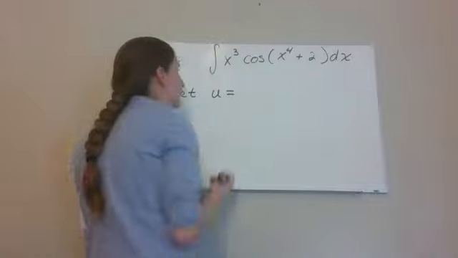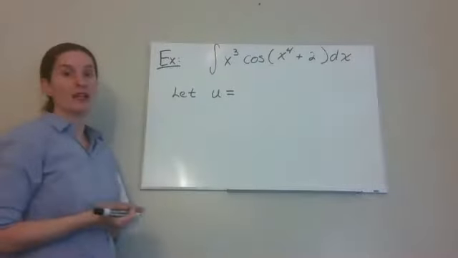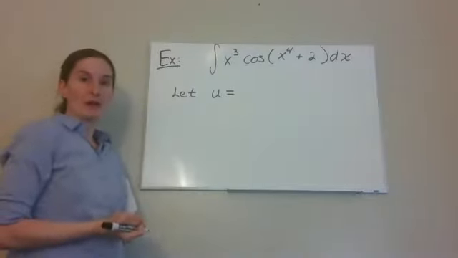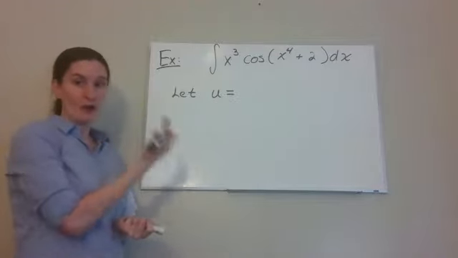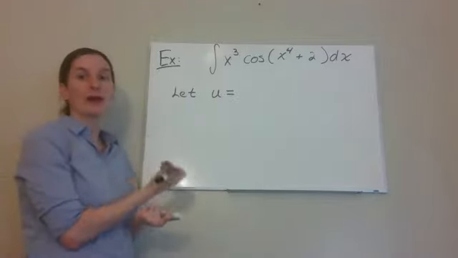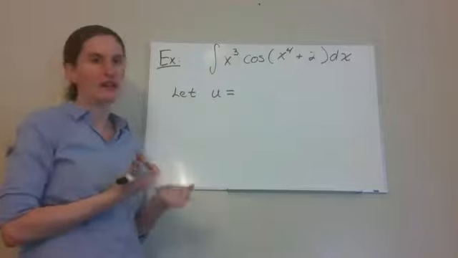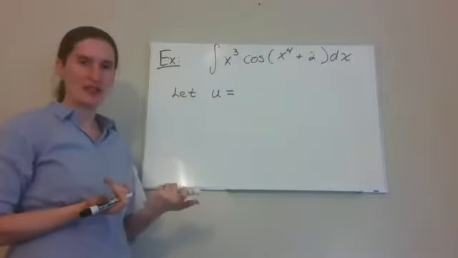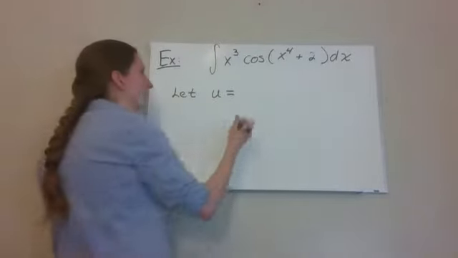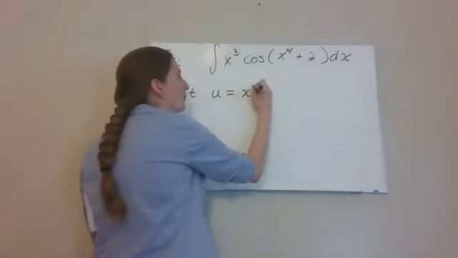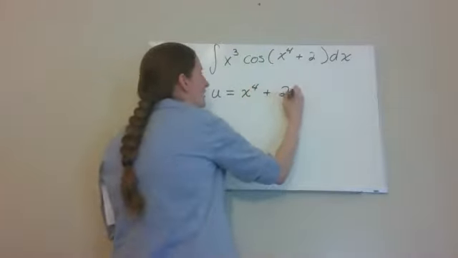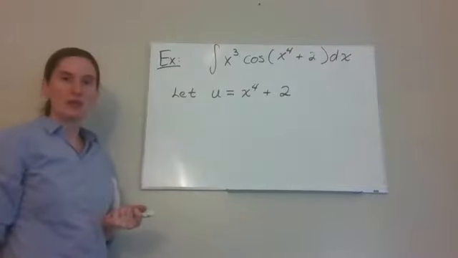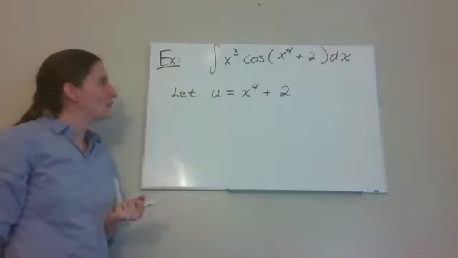In general, your u should be one of the most complicated things. The thing that's bothering me about this problem is I have a cosine, but the cosine has way more than just a variable inside of it. So that makes it a little more difficult to integrate. So I'm going to rewrite the input for my cosine function as my u. So u equals x to the 4th plus 2.